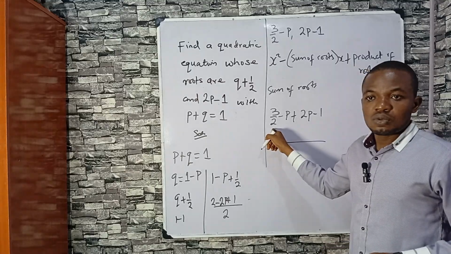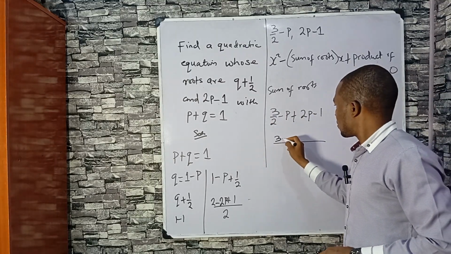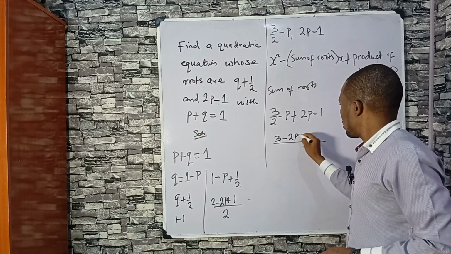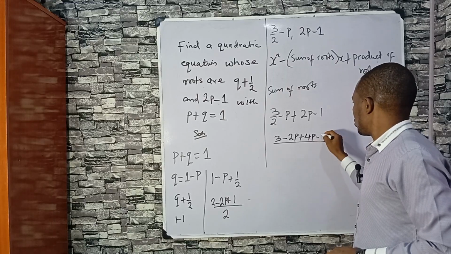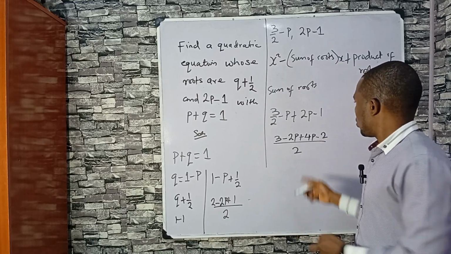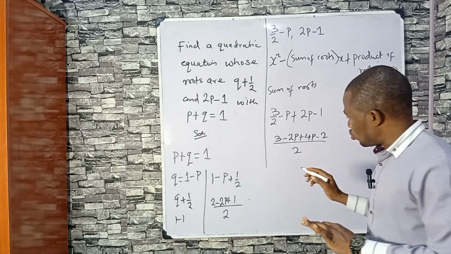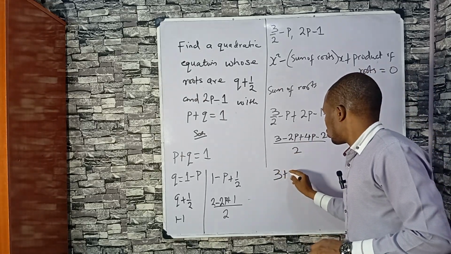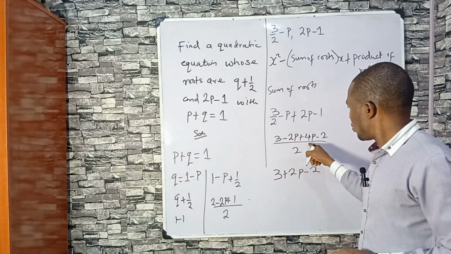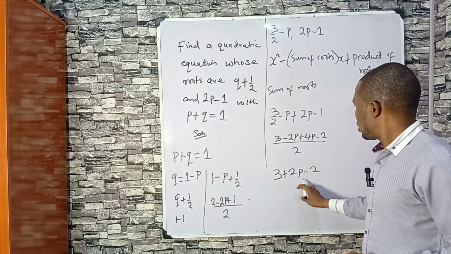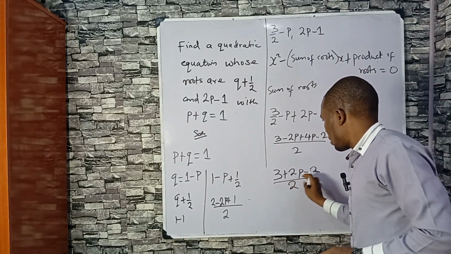As usual, the LCM is 2. 2 multiplied by everything. So we give you 3, give you minus 2p here, plus 2 times, this will be 4p minus 2. Then divided by the LCM. Minus 2p plus 4p is plus 2p, then 3 minus 2 is 1.